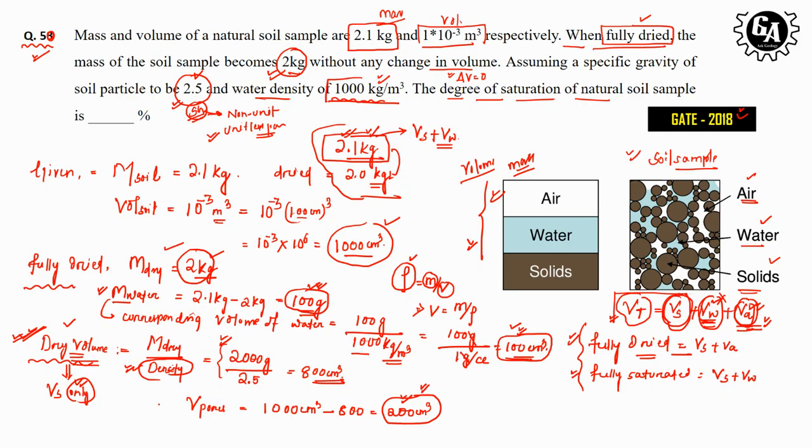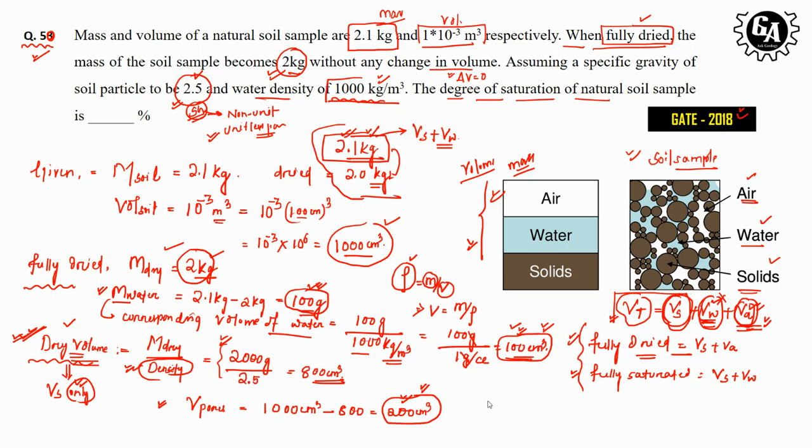We calculated the volume of pores to be 200 centimeter cube, and in this sample we have previously calculated that the volume of water present is 100 centimeter cube. And what do you mean by degree of saturation? Degree of saturation is the volume of pore spaces occupied by a liquid.